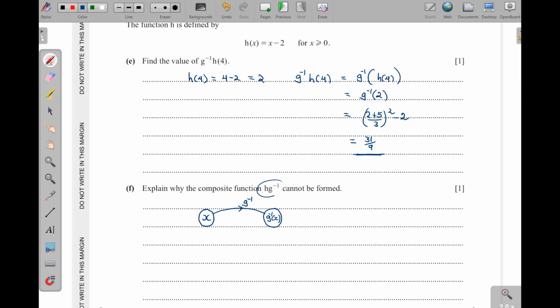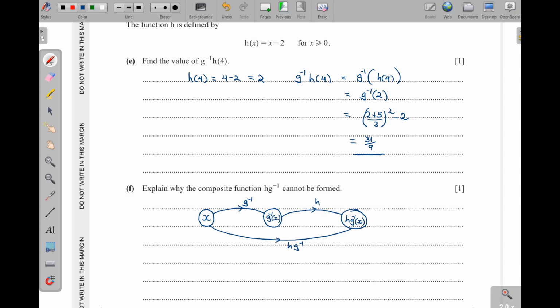Now, when we have hg inverse, that means you are composing g inverse into the h. That means now h will act on the result here, okay? H will act here, and then what comes out is our h, then g inverse of x, okay? So the whole route here is h g inverse. You see that?